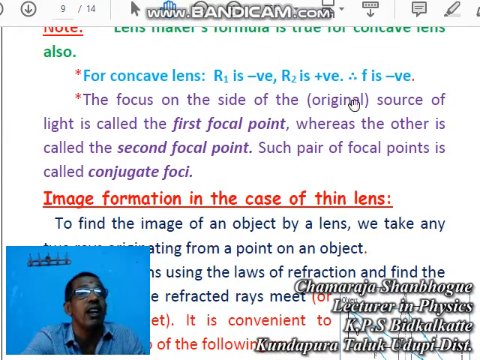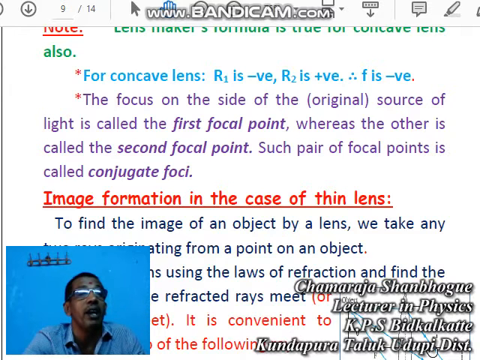The focus on the side of the source of light is called first focal point, whereas the other is called second focal point. For a lens there are two principal foci. The side from which the incident light falls, that is taken as the first principal focus, or first focal point. The side on which the image is formed, if it is a real image, that principal focus is taken as second focal point.